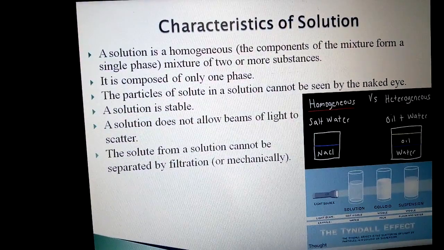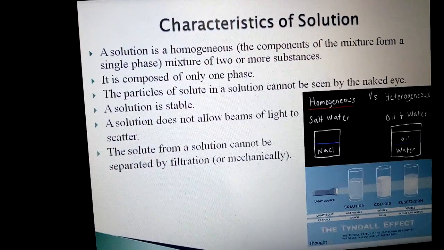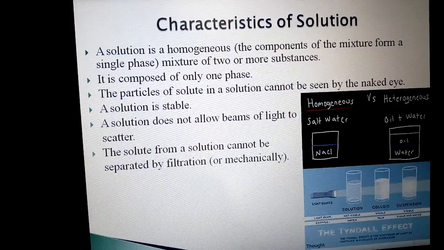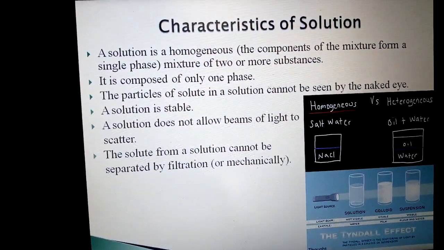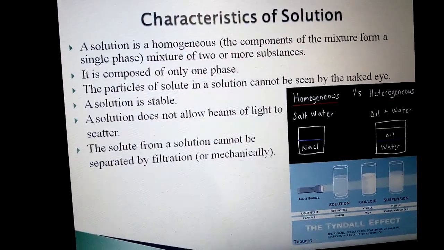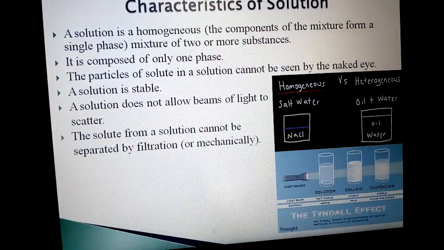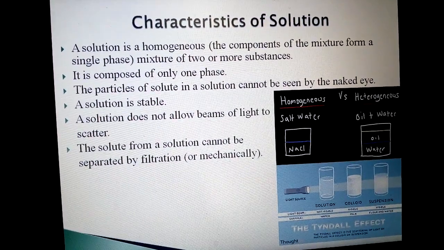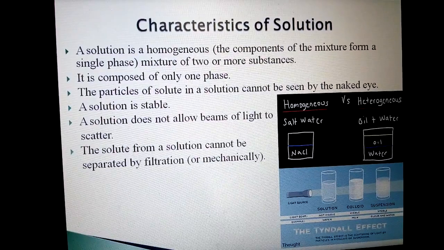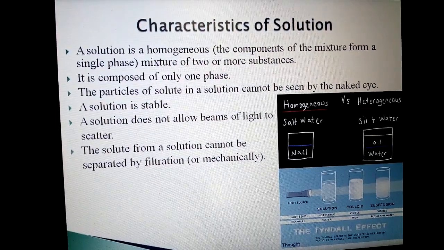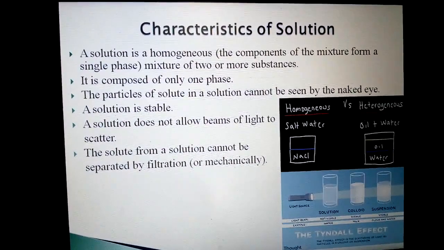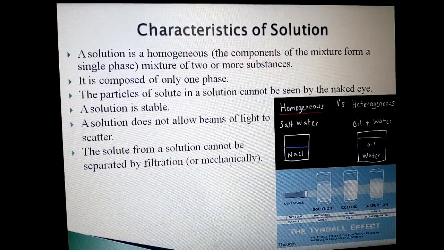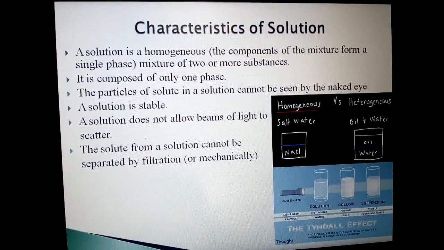Next is the basic consideration about the properties of solution, or the basic characteristic properties of solution. Generally, whenever we discuss solution, we consider that we have two basic things, where one acts as a solute and the second one acts as a solvent. Solute is that species which is taken in a small amount, and solvent is that species which is taken in larger quantity.